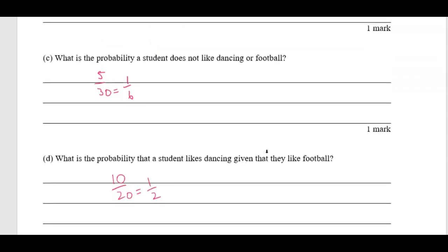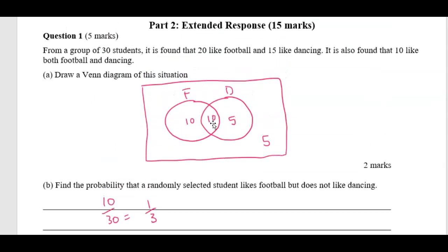And what is the probability that a student likes dancing given that they like football? So we're looking at the football circle. I'm actually drawing this or highlighting it and then not realizing it. So we're just looking at this circle here. So it's the intersection over everything. So 10 over 20, which gives you 1/2.